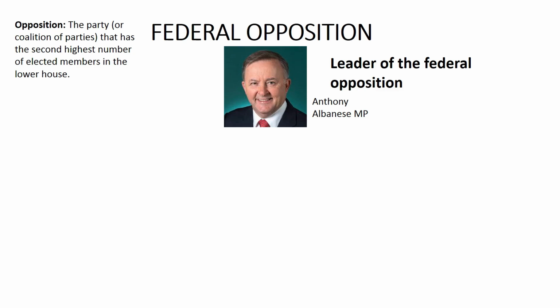Now, after the 2019 election, the party that had the second highest number of elected members in the House of Representatives was Labor. So, currently, the opposition at the federal level is the Labor Party.